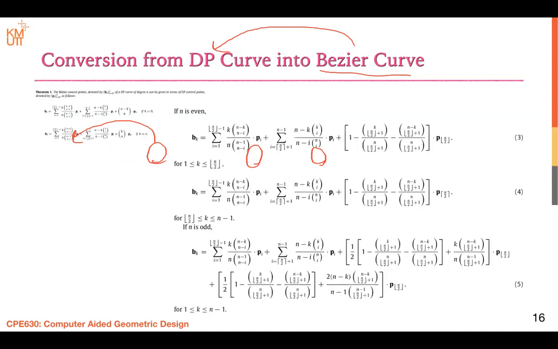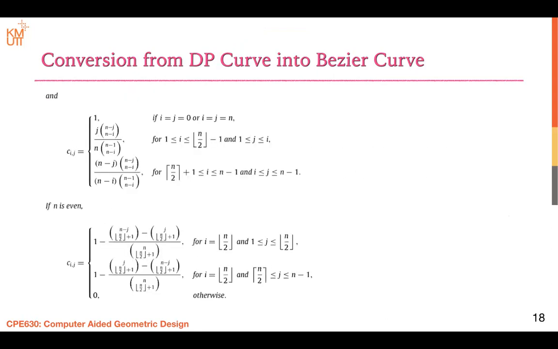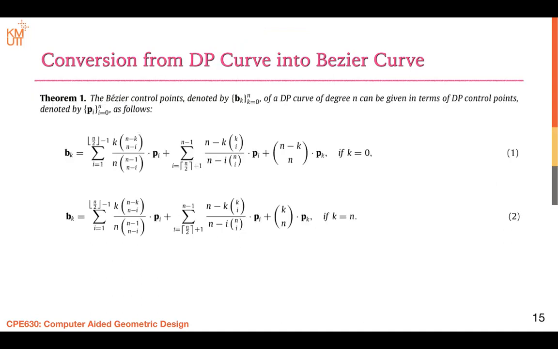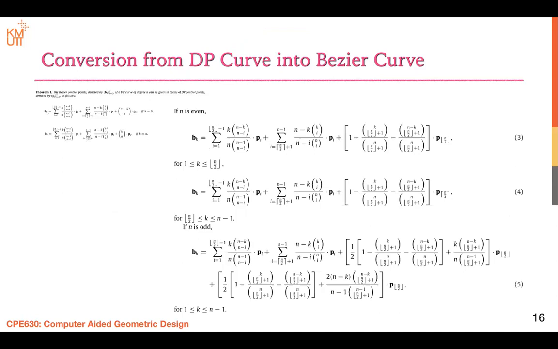And then the formula is quite long. In order to get this Theorem 1 in this paper, I used the polar form approach to prove the conversion from DP curve into Bezier curve, and I came up with the formula.